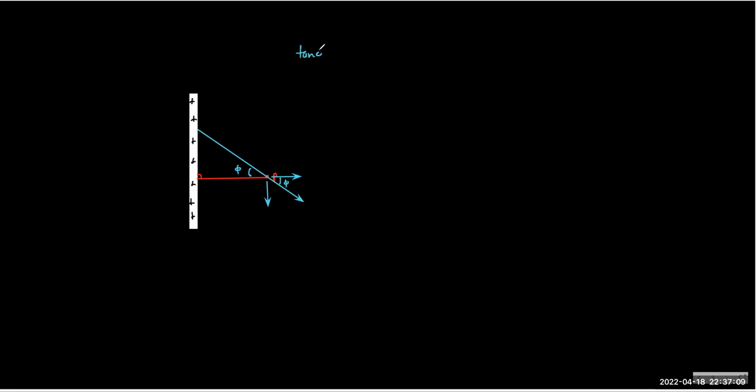So tan phi equals E parallel by E perpendicular. So this is basically k lambda by d, which will cancel out. So what we have is cos beta minus cos alpha upon sin alpha plus sin beta, right?